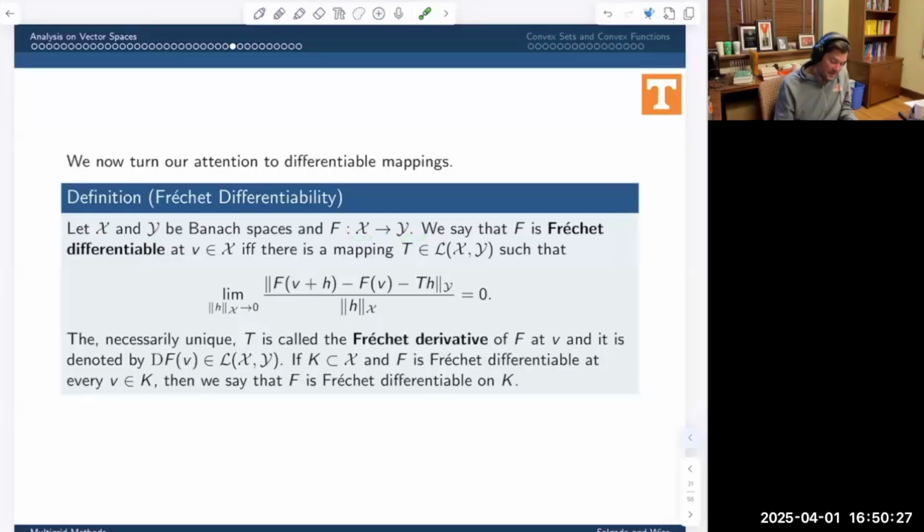We say that F is Fréchet differentiable at V in X. So we're going to fix the point. Think about it like this.